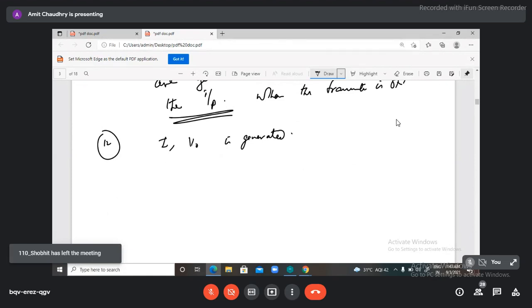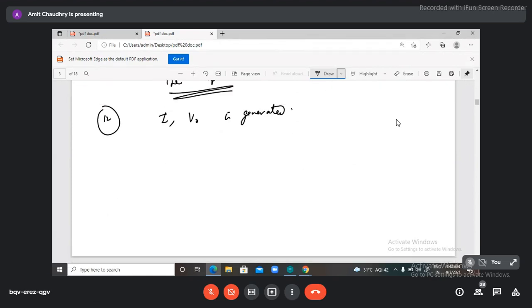Now how it behaves? How does it look? So the output is like this. Now this I is normally denoted IC, that's the collector current, ICE, collector to emitter current.